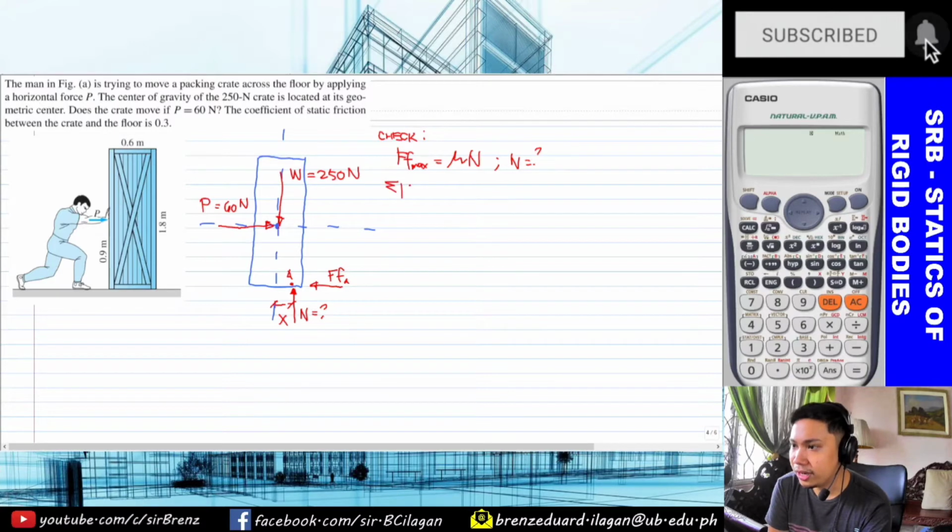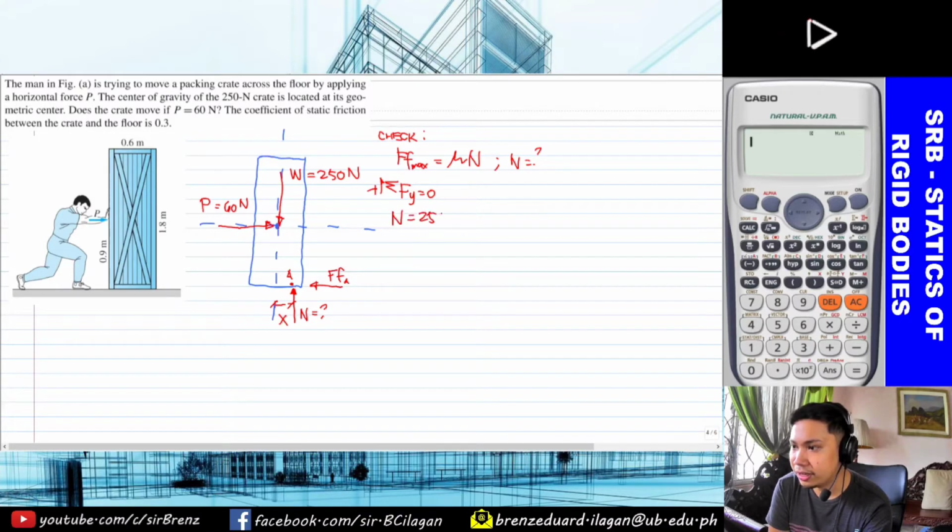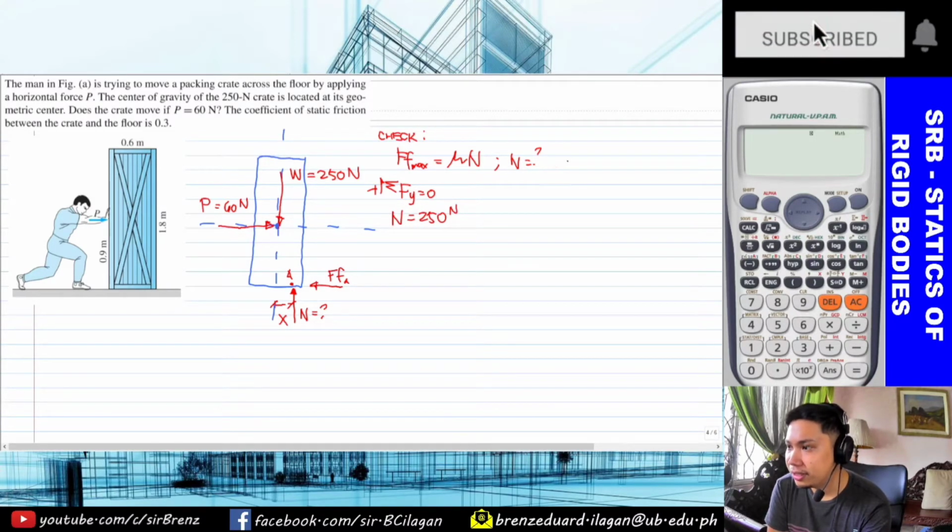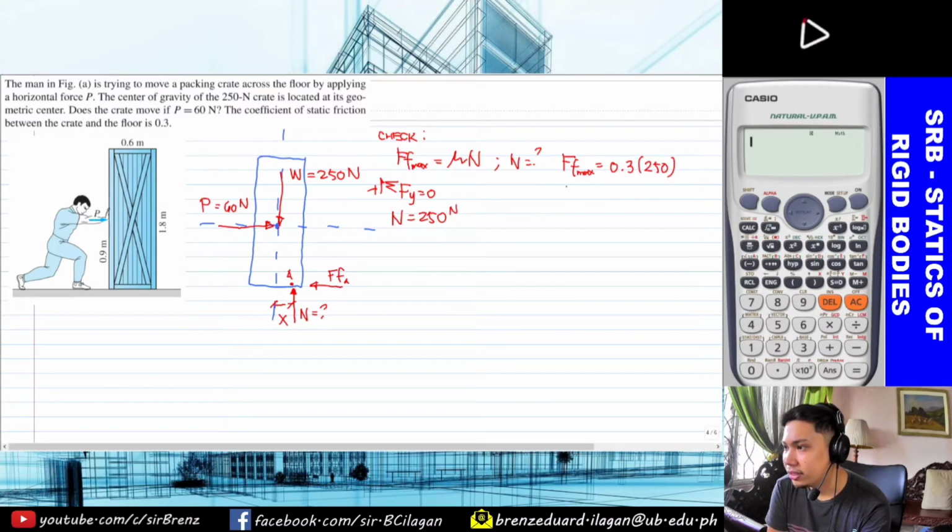So to solve for N, we need to take summation of forces in y equals 0, and considering this free body diagram, we could say that yung N mo is equal to 250 Newton. Knowing na 250 Newton yan, we can now solve for the value of the maximum possible frictional force. So that is equal to 0.3 times 250 Newton.